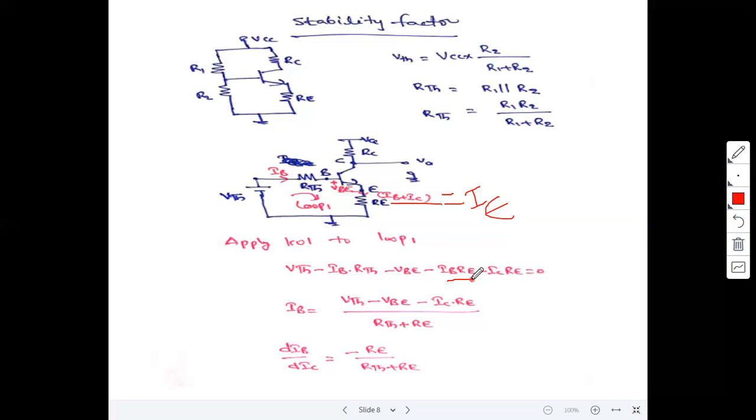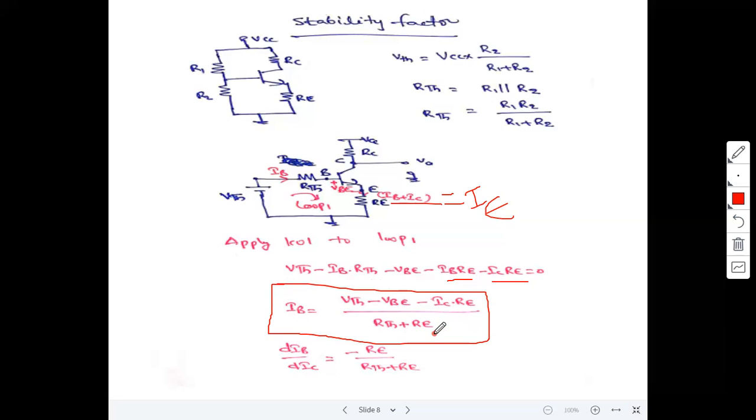That's why minus IB into RE minus IC into RE is equal to 0. Now IB is equal to V Thevenin minus VBE minus IC into RE by R Thevenin plus RE. This is the base current expression in terms of collector current, right?